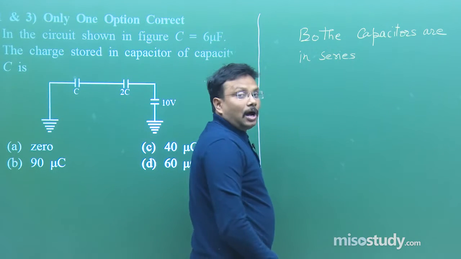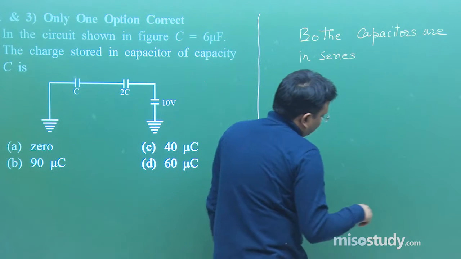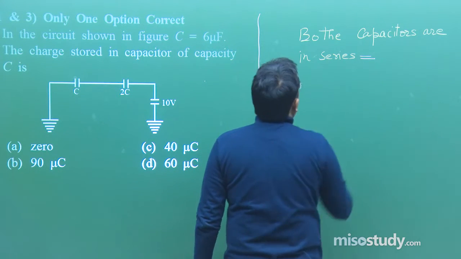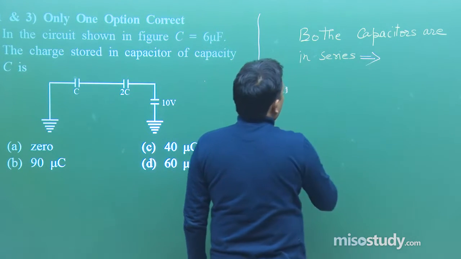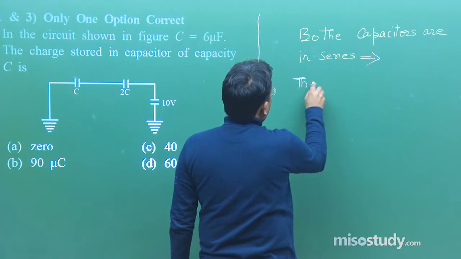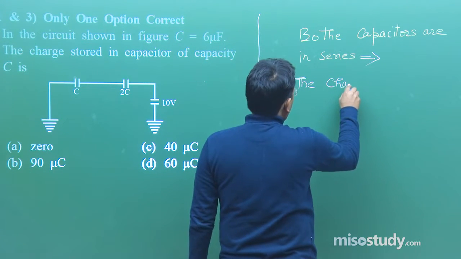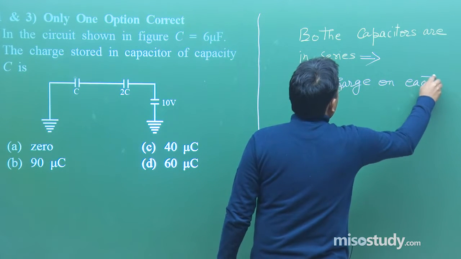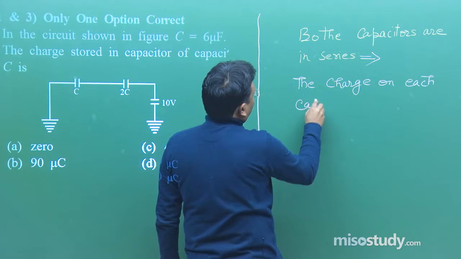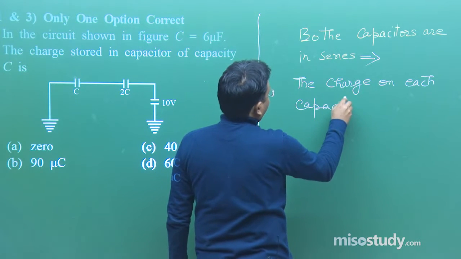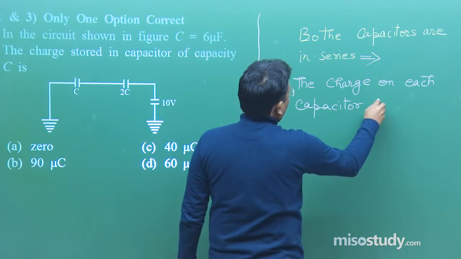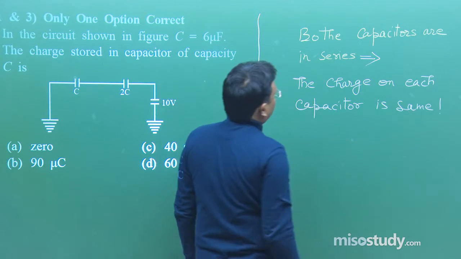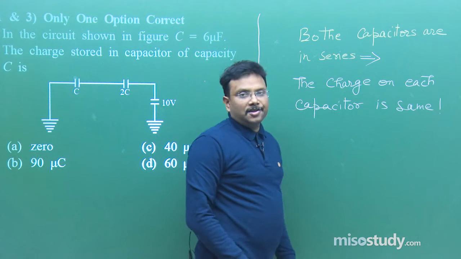Both the capacitors are in series. So what is the meaning of this, that both the capacitors are in series? It means the charge on each capacitor is same, fine. The charge on each capacitor is same.